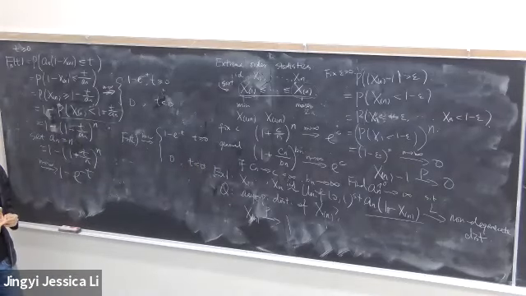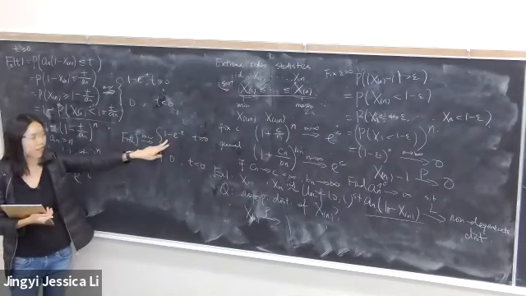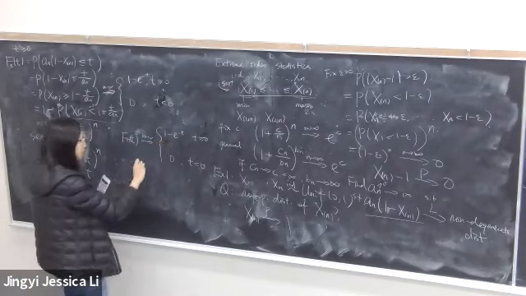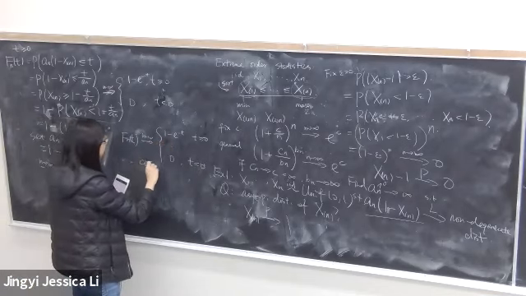What is this CDF? Actually, if we are familiar with some common distributions, we should be able to recognize it. It's the exponential distribution. So this is the CDF of the exponential distribution with rate parameter equal to 1. We're done.